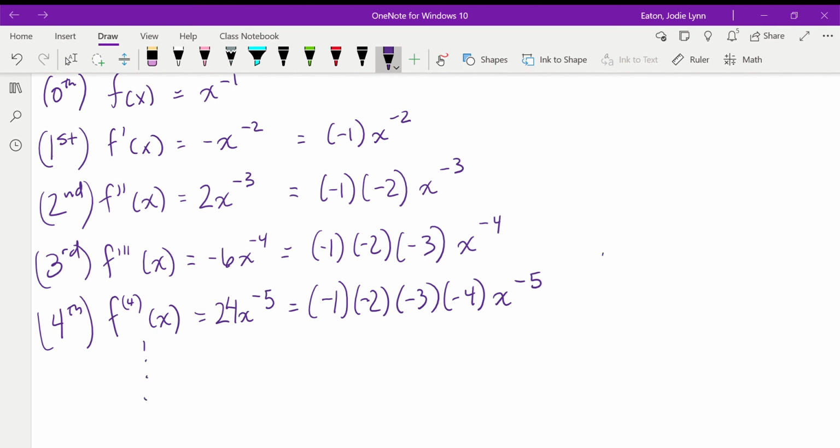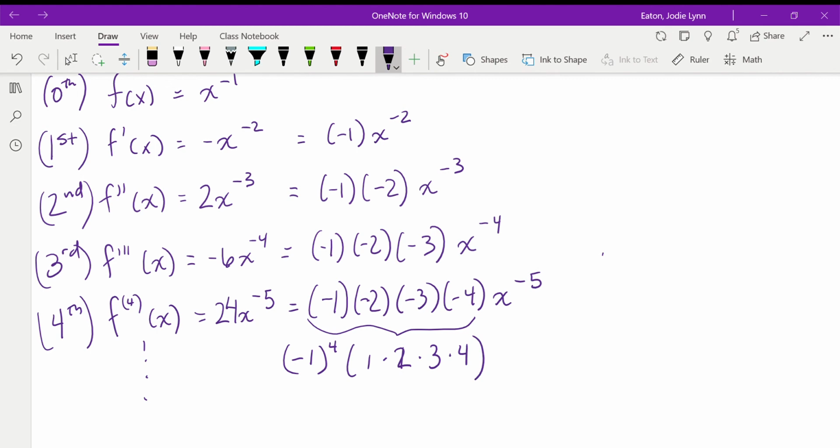So we have a way of writing all these numbers multiplied. Instead of thinking of this as negative 1 times negative 2, I'm going to think of this as negative 1 to the power of 4. I'm going to pull out a negative 1 times 1 times 2 times 3 times 4.